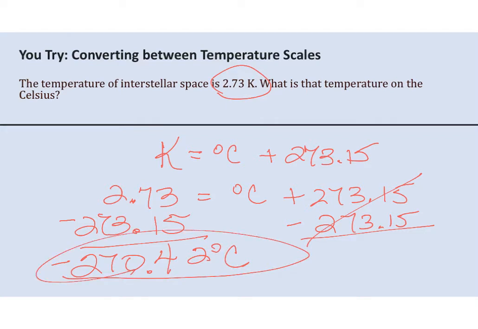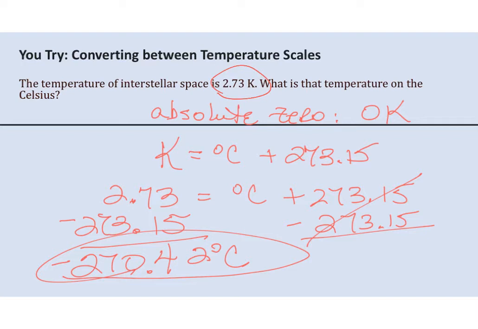Okay, 2.73 Kelvin is minus 270.42 Celsius. So I don't know if you've ever heard of absolute zero, but the whole reason the Kelvin scale was developed is so that we would have an absolute zero. What the heck is that? First of all, its value is 0 Kelvin.